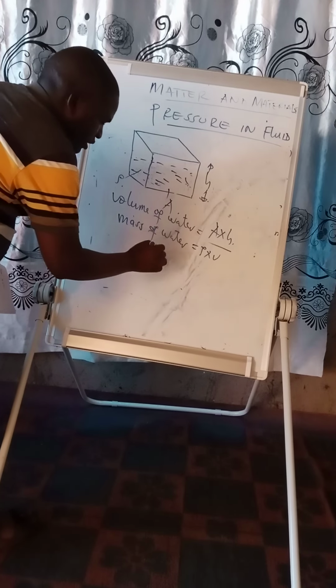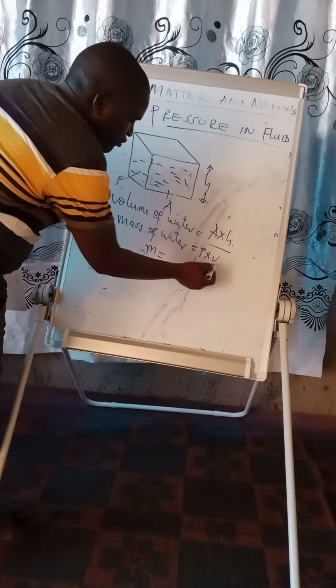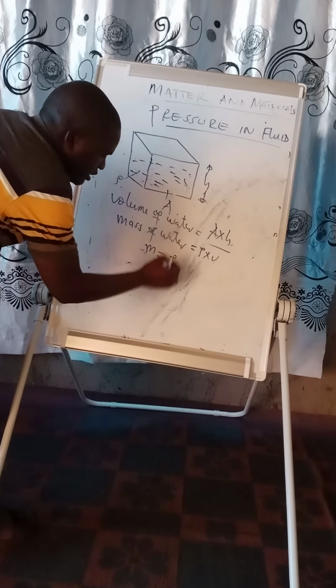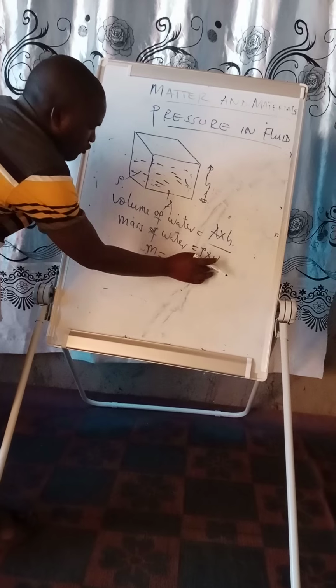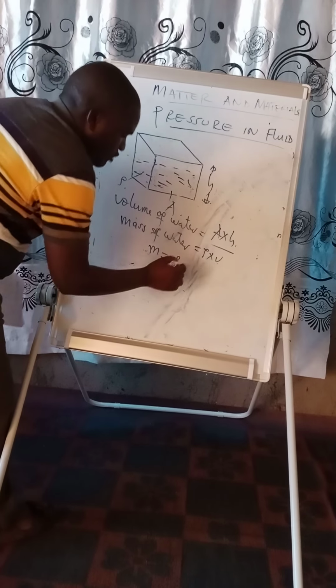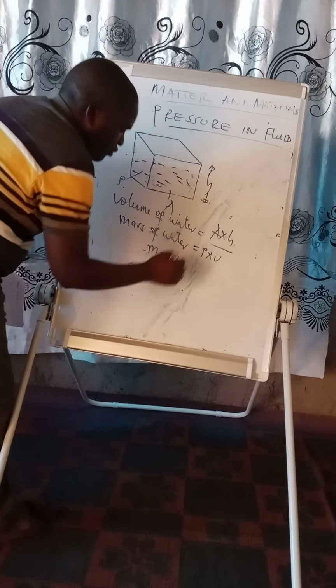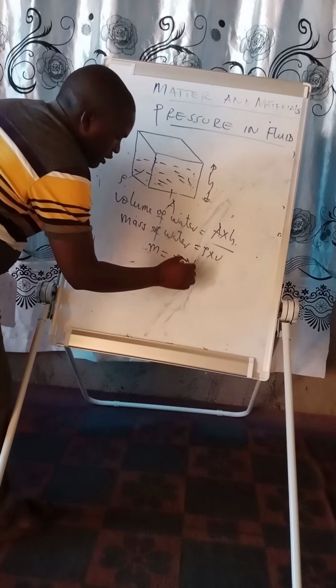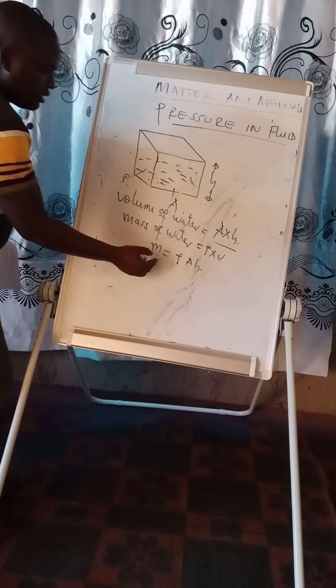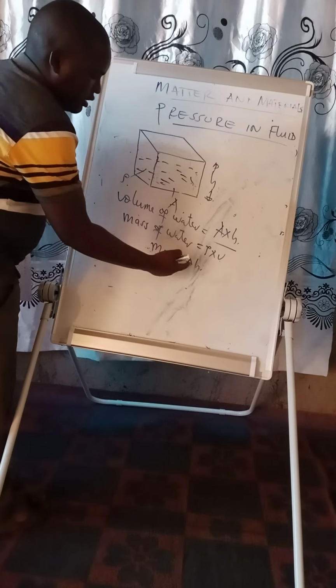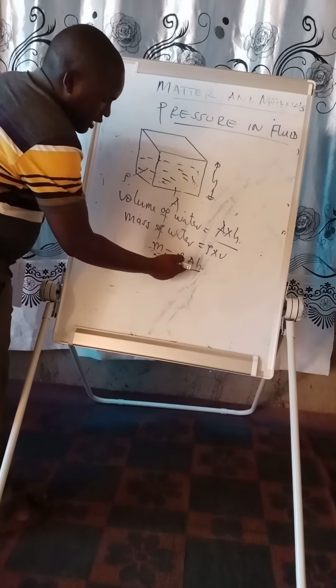Mass of water, because it is density times volume, will be density times the volume of water, which is area times height, the depth of the tank, AH. So our mass is density times area of the tank times depth of the tank.